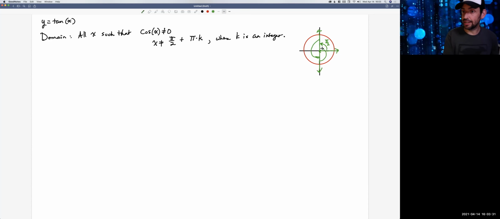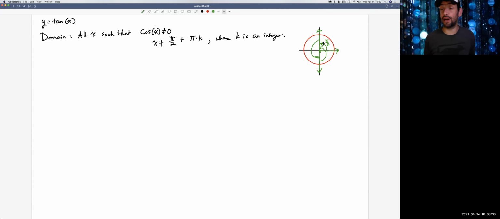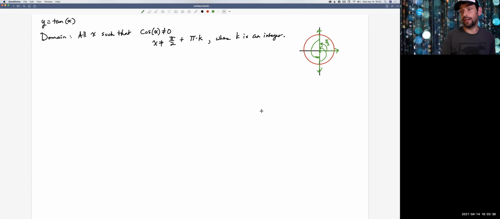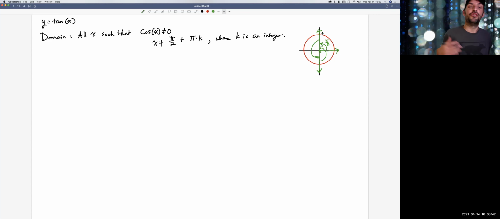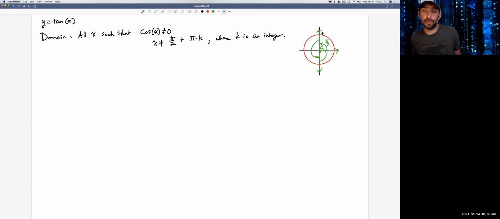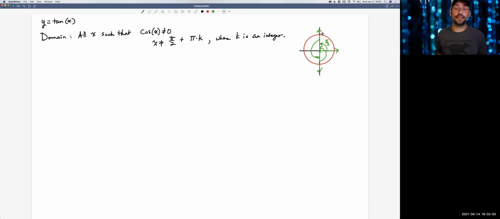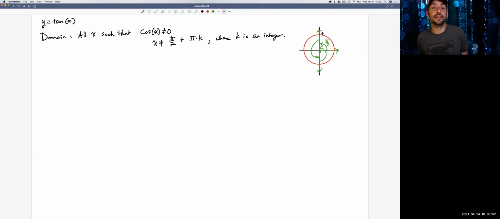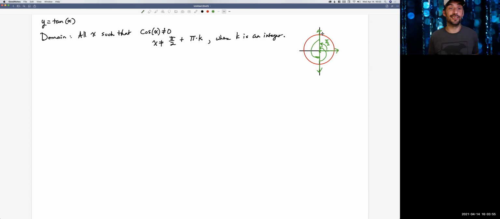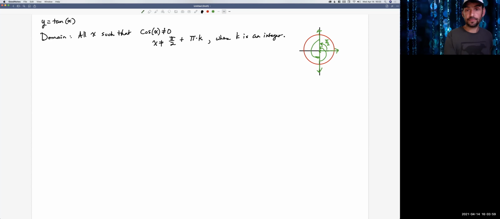If I add pi again, I get an angle pointing straight up, and I can keep adding pi, or I can subtract pi. So any integer multiple of pi, all the positive and negative integers, added to pi over 2 will get us at a point where cosine of x is 0. So those are the x values we have to throw away.